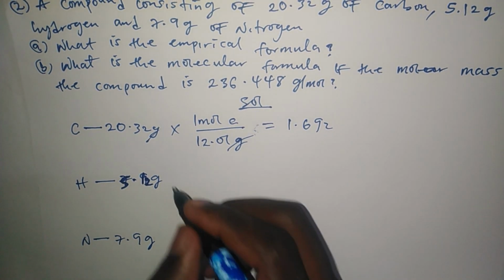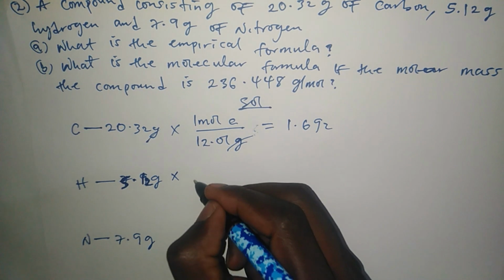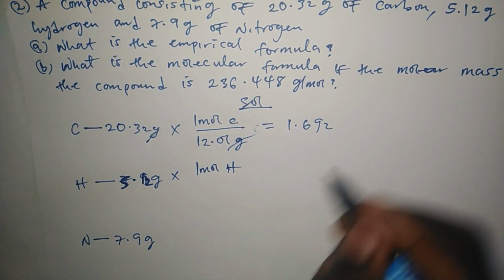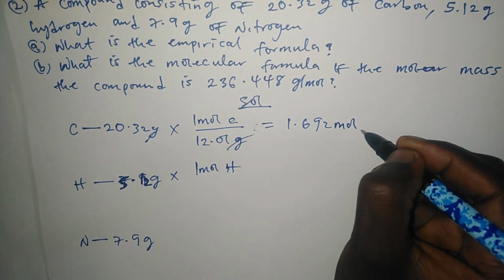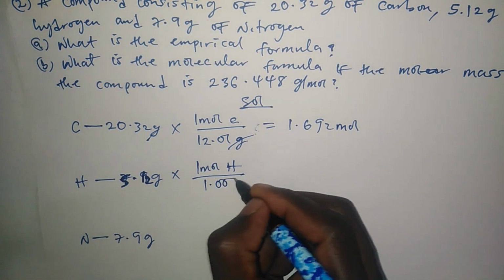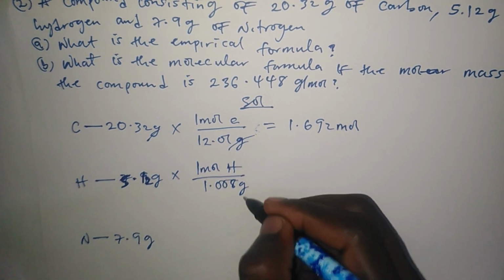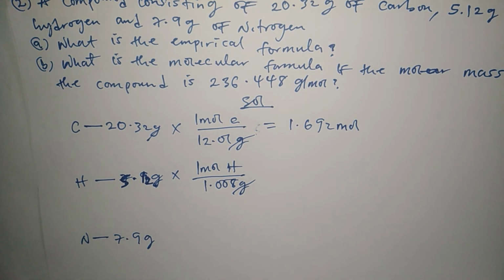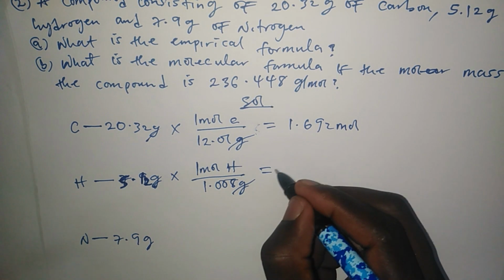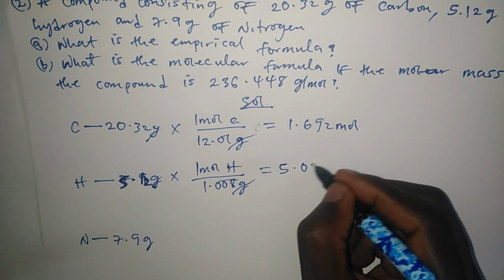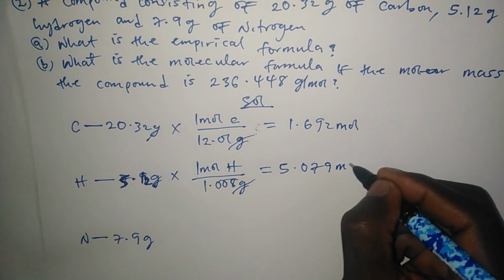Next, for hydrogen, we say for every 1 mole of hydrogen, what we have is going to be 1.008 grams of hydrogen. So grams will cancel grams. 1.008 divided by 5.12, what we have is going to be equals to 5.079 moles.